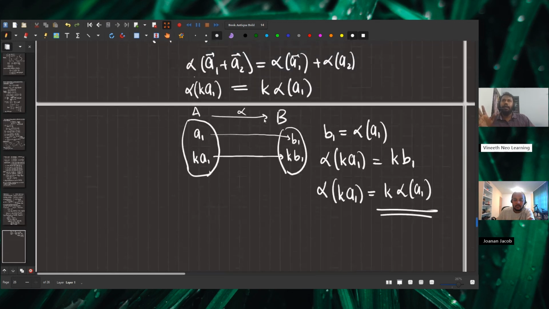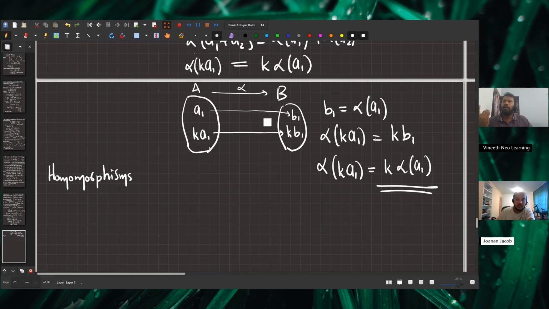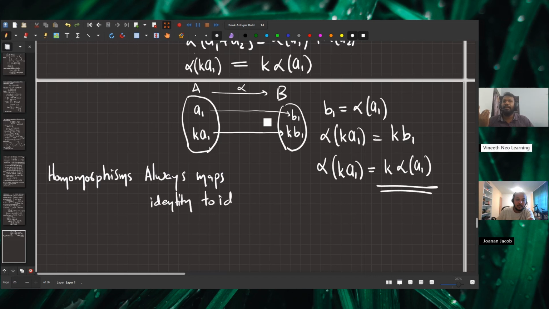Now, this linear transformation should always preserve the origin. Linear transformations or homomorphisms always map identity to identity.